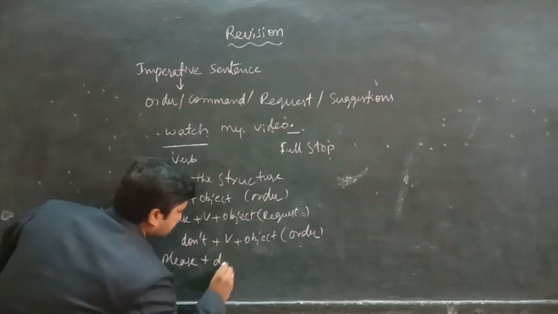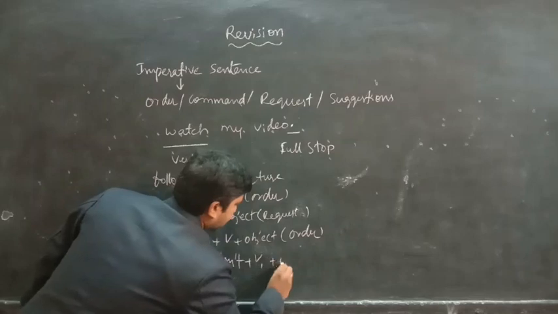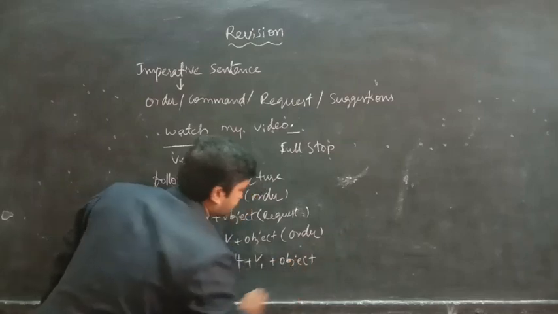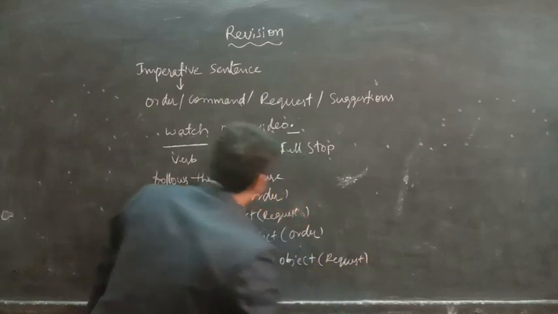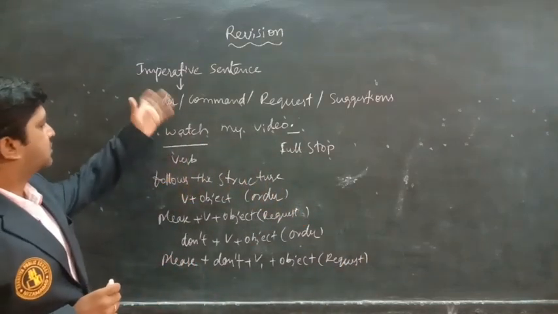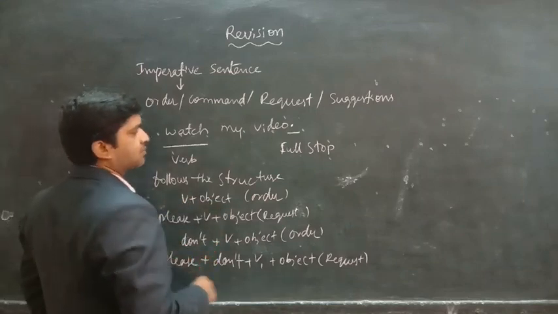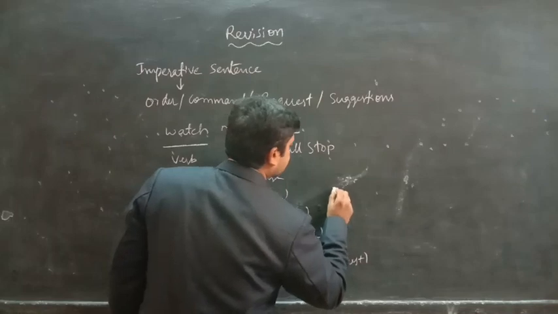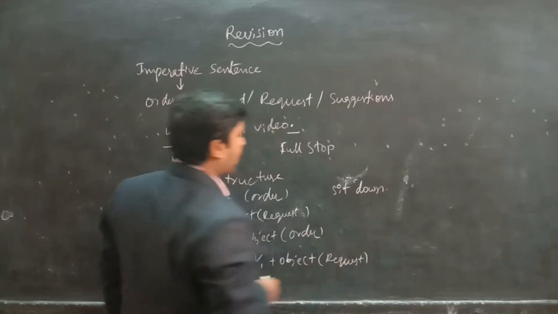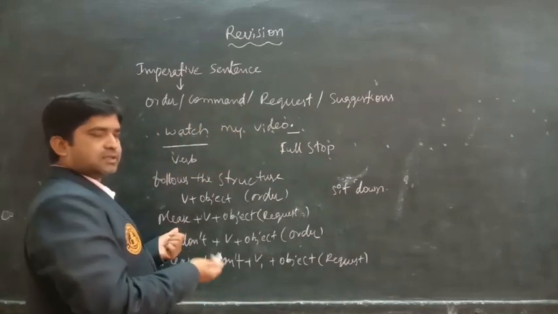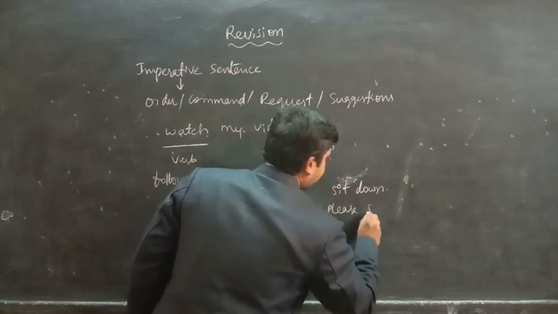Please don't plus verb plus object for request. Here this follows the structure verb plus object. Here see the example: Sit down. And if you want to say this in a request manner, please sit down.